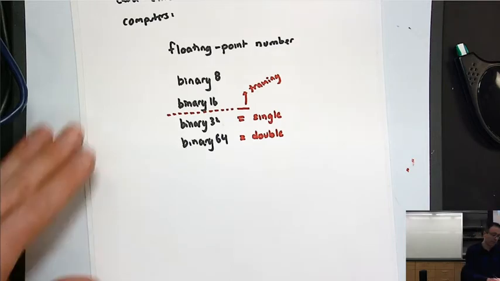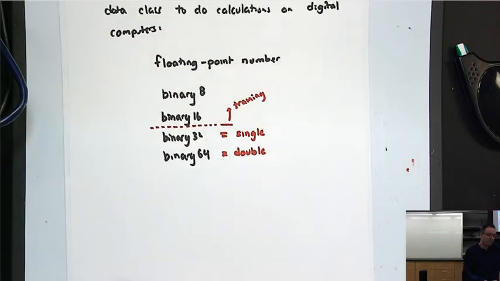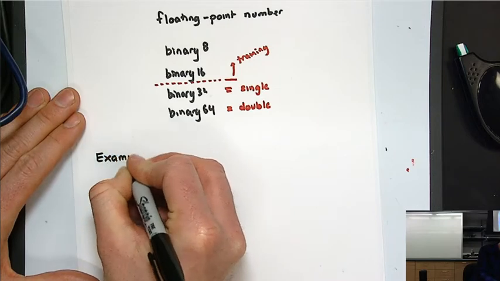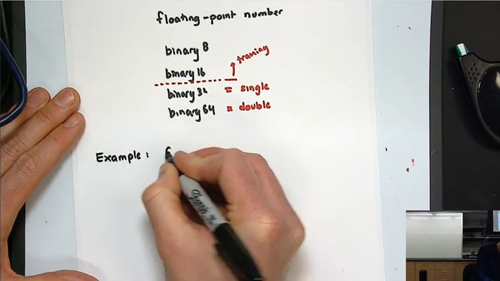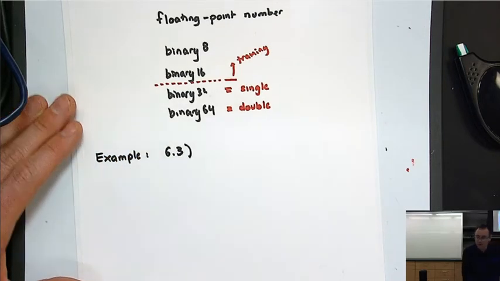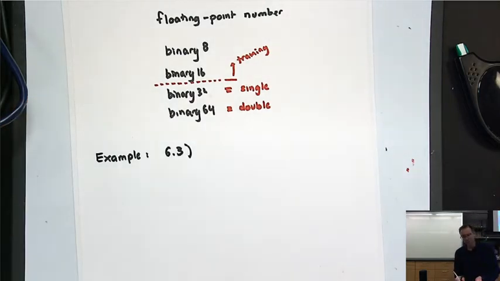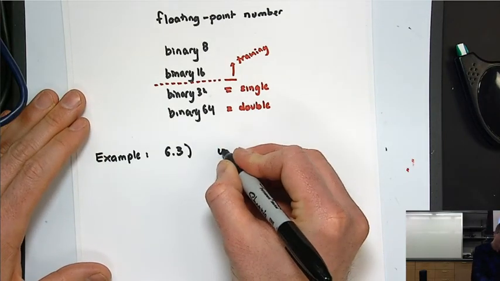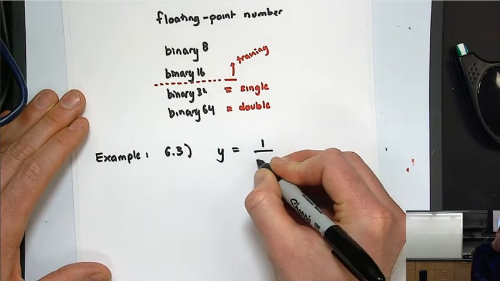Yeah, I guess we'll take a look at our first example to get our head around this, and we'll call this example 6.3. For now, let's set y to be equal to 1 over 2 to the 10.